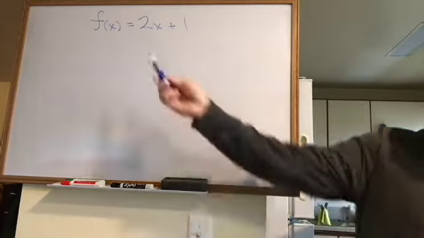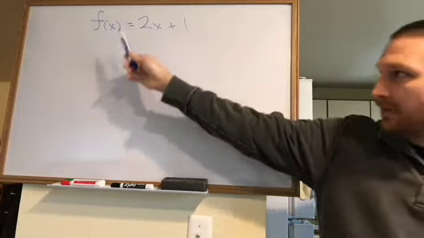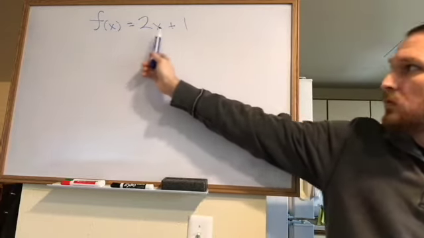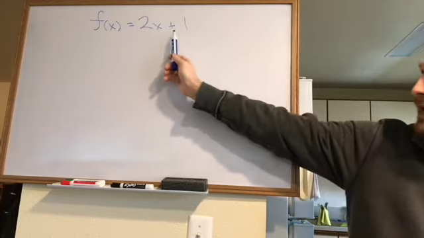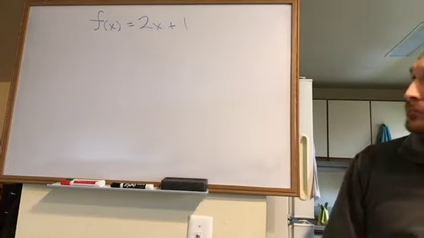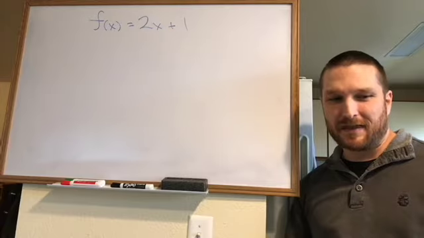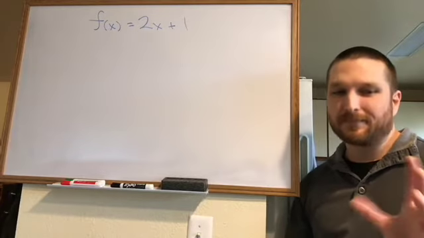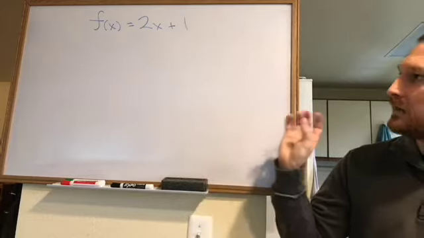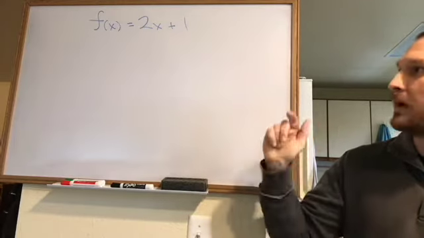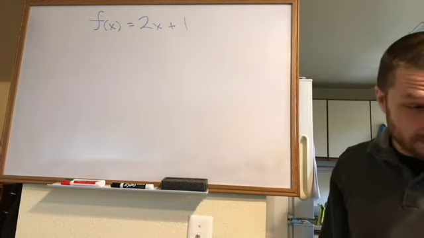In fact, it tells you how to get an output. That's your rule right there. Given any input x, you take x, multiply it by 2, and then you add 1, right? You're familiar with order of operations, right? We don't need to go over that. So when I see that, I know first we've got to take x and multiply it by 2, then we add 1, and then we get whatever the output is.